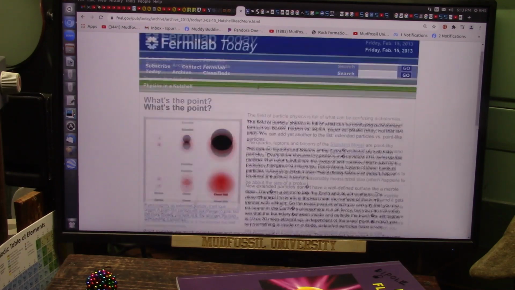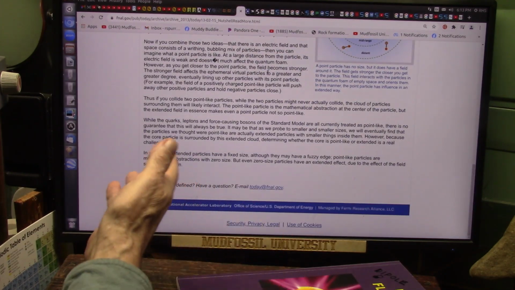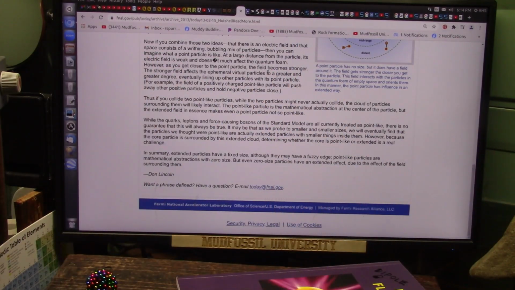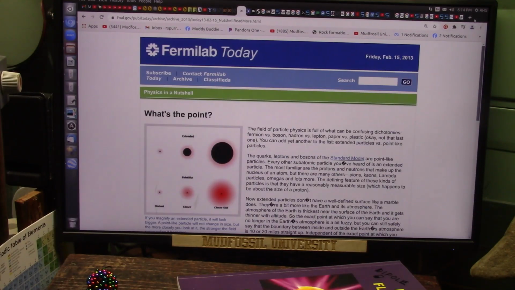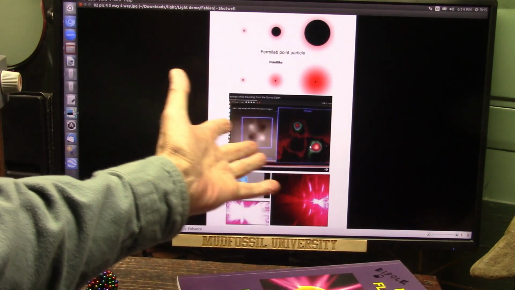I call it push to shove. And it does exactly what he said they do. The point-like particles are fixed size, never change, it's a solid, it has all the mass, and the other one has a fuzzy edge around it and has no weight whatsoever. And that's exactly what we found, as I have shown you right here. These are the particles. Here they are.